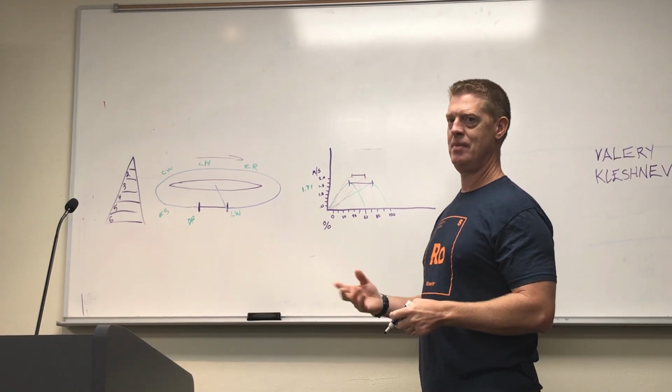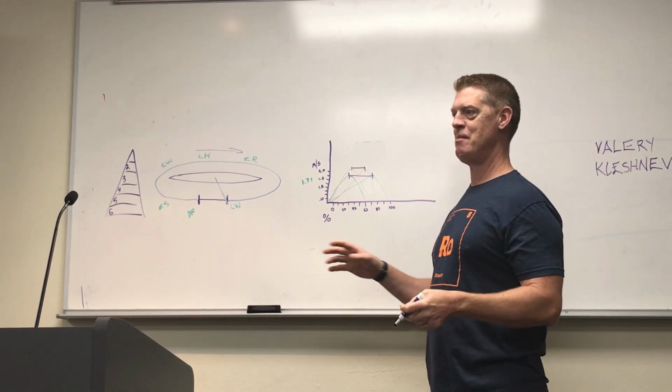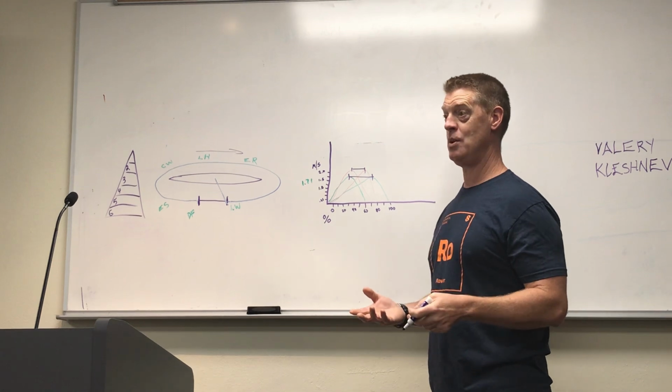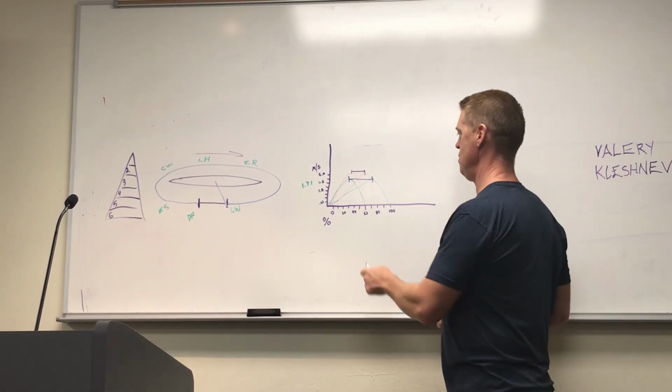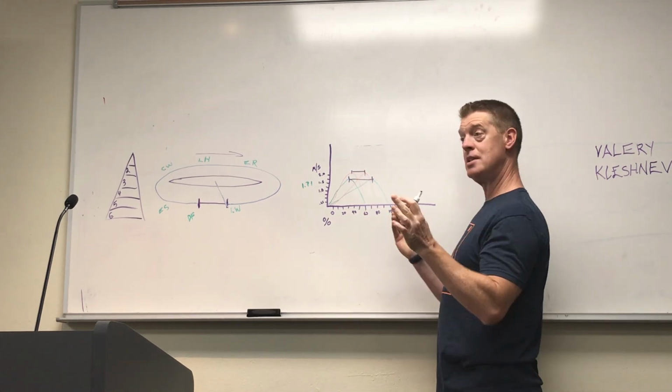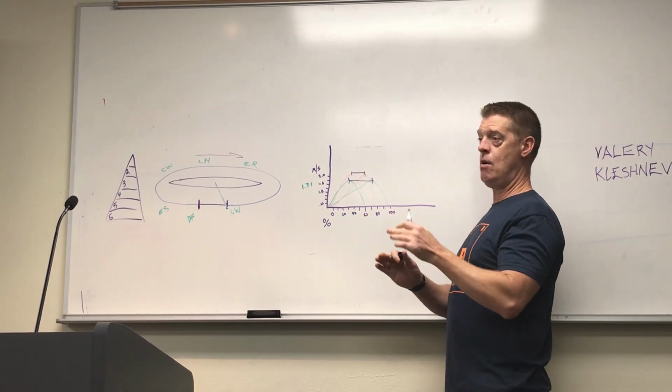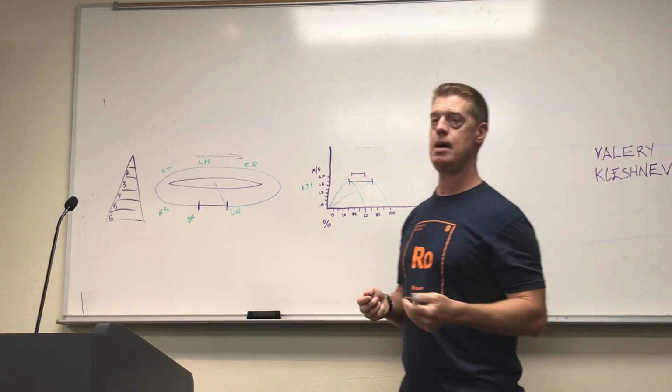Graphic representation is a very different animal from how you might interpret it on the water. But the takeaway here is that you want to get these two peaks as close together as possible. If they actually overlapped, that would be the best possible scenario.